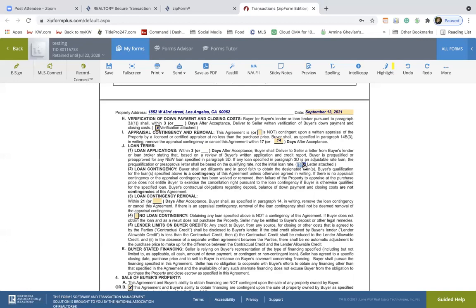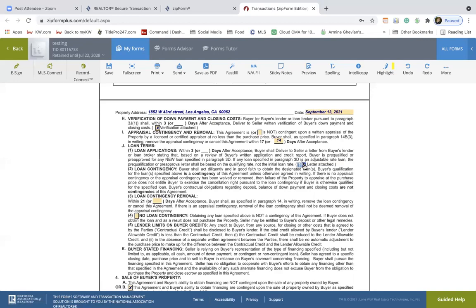You insist that you would like to see it because you need to attach it, if they ever decide to submit an offer, then you need to attach that letter, right? Correct. And you will also call the lender and ask, have you received a full application from this buyer?